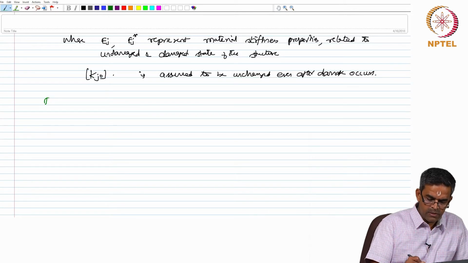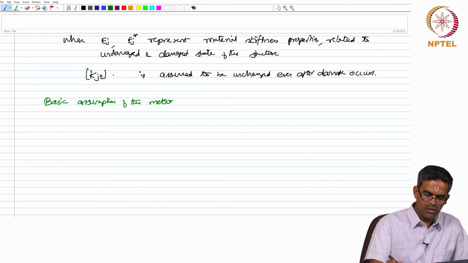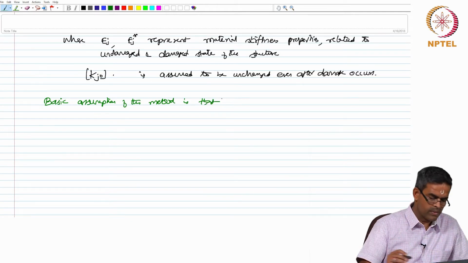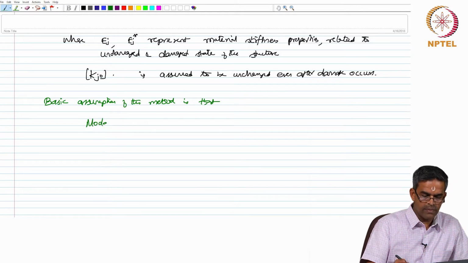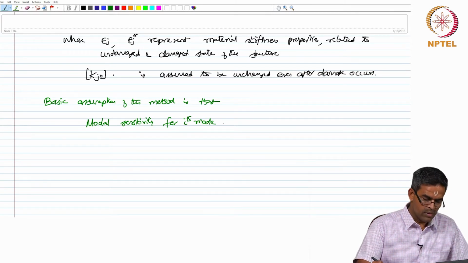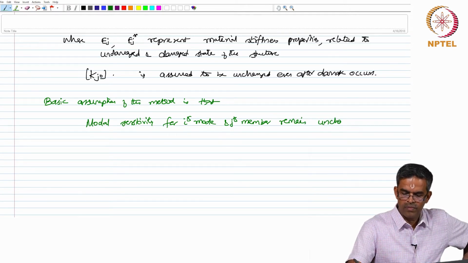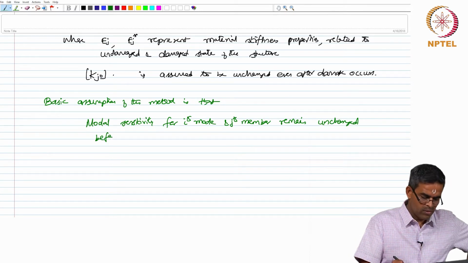This method has a basic assumption. The basic assumption of this method is that modal sensitivity for ith mode and jth member remain unchanged before and after damage.